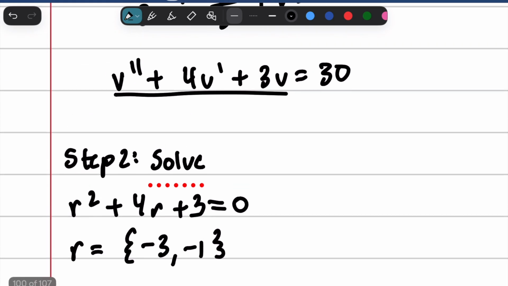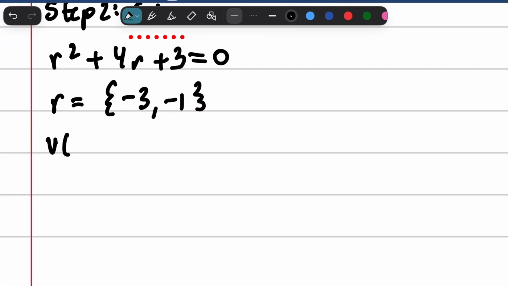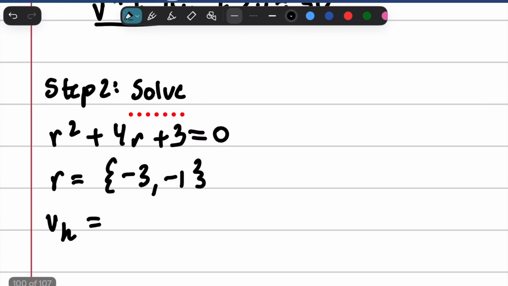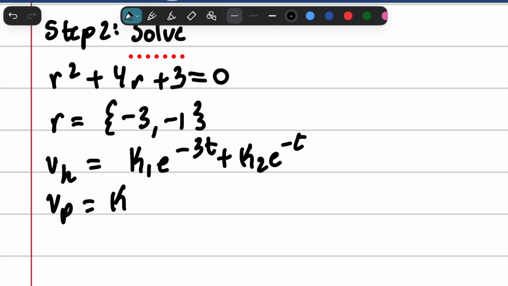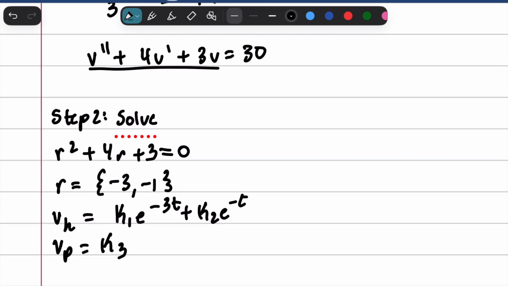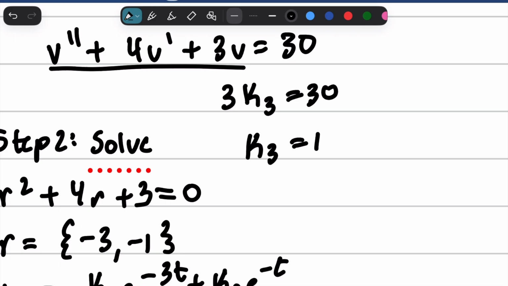But this time we actually have a particular solution, so we know that VH is equal to K1 e to the -3t plus K2 e to the -t, but VP is equal to K3. And we're going to plug in K3 into this equation right here, and we're going to get 3K3 is equal to 30, and K3 is equal to 10.